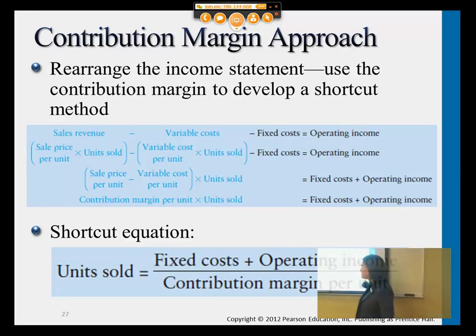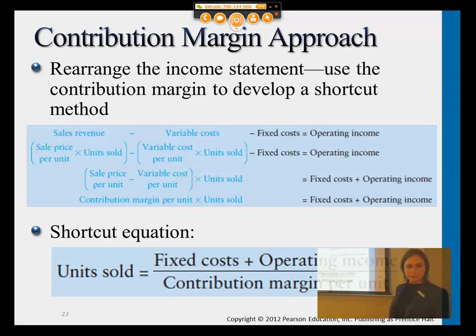The way to arrive at this equation is crazy, but once you have it, it's really easy to calculate. So that's all you need for your contribution margin approach. You got it?